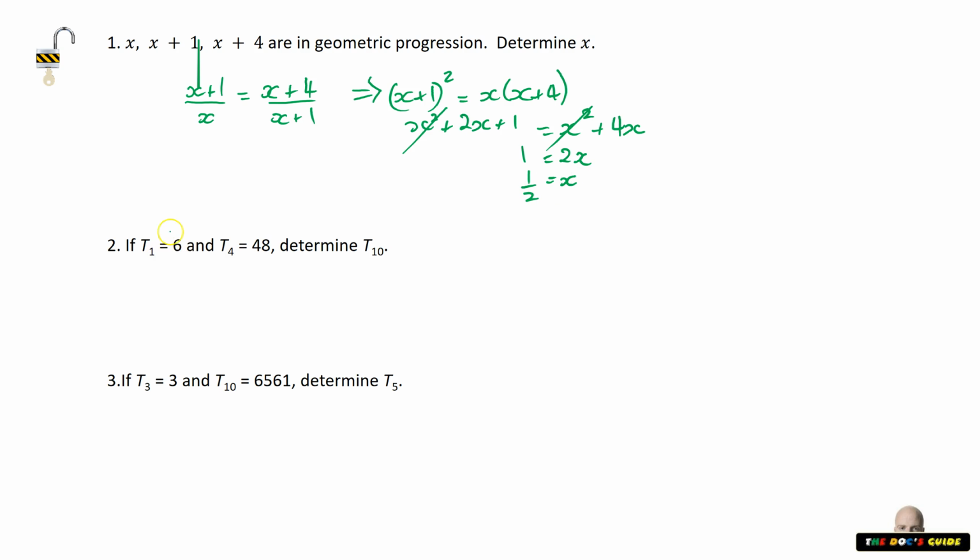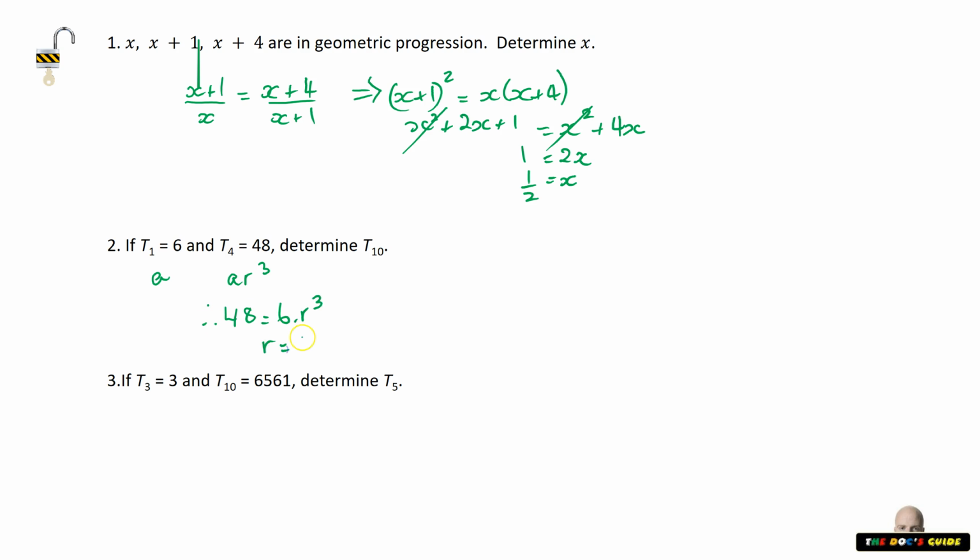For our second question, if the first term is 6 and the fourth term is 48, determine the 10th term. The first term is a. The fourth term is ar cubed. If we know that a is 6, then t4, which is 48, is equal to a times r cubed.